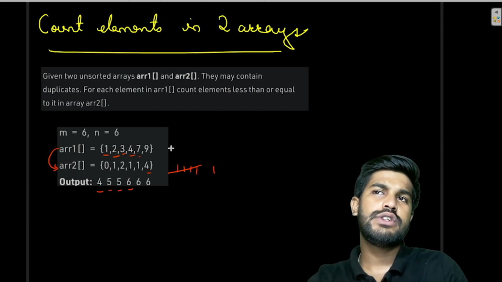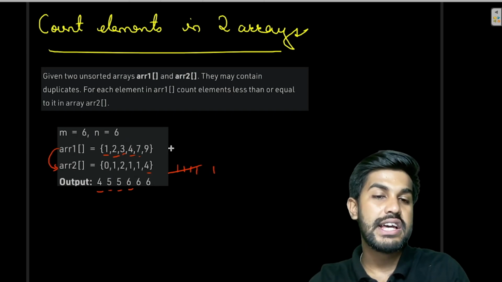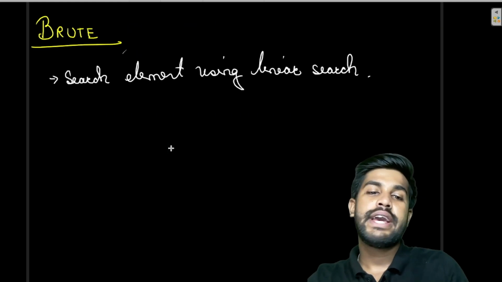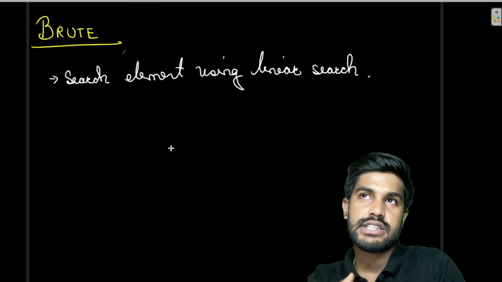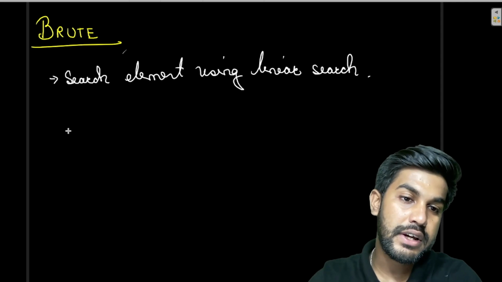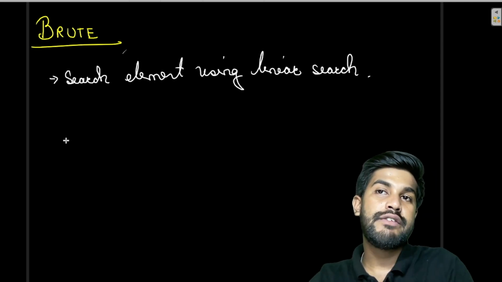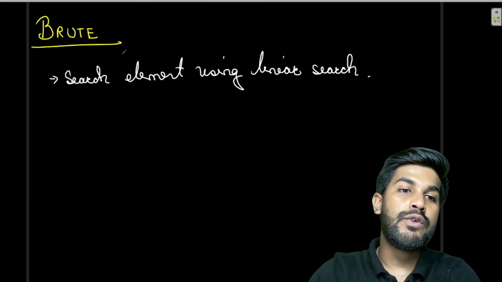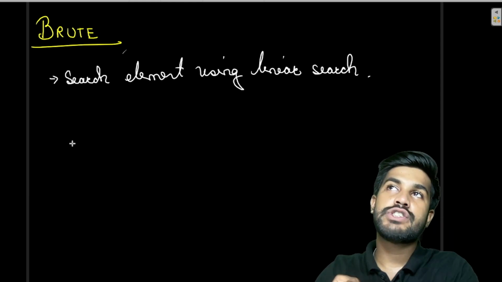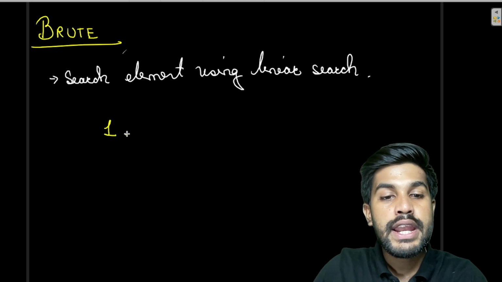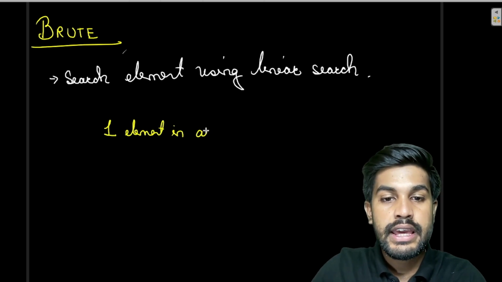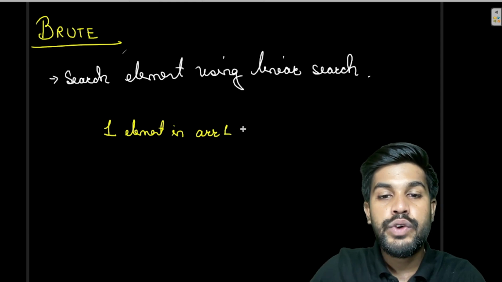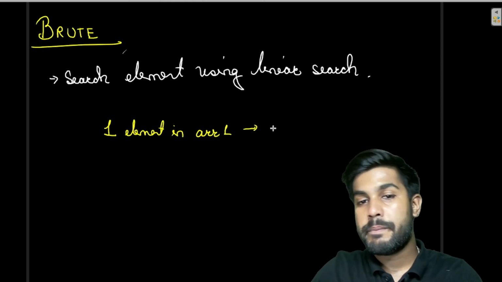So the first brute force approach that comes to our mind is that we can just do a linear search. Like for each element, we can just traverse the whole next array itself. So in the worst case, we need to traverse all the elements.